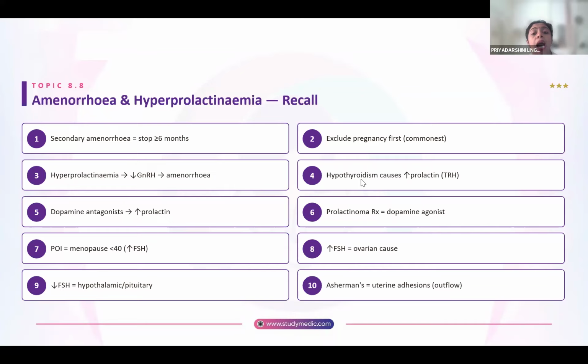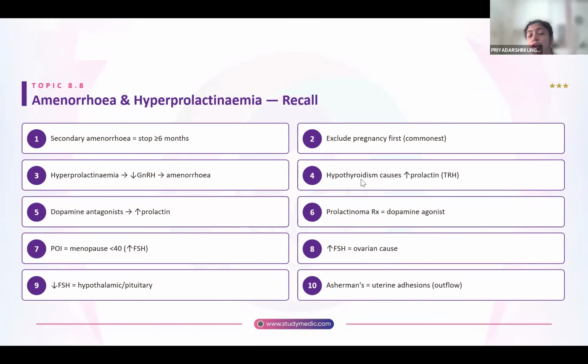Hypothyroidism causes an increase because of stimulation with your thyroid releasing hormone. Dopamine antagonist, key example is your antipsychotics. It increases prolactin. So what is the treatment of prolactinoma? It is with your dopamine agonist. Most common drug we use is cabergoline. Other drug is going to be bromocriptine. So prolactin is given a lot of importance here.